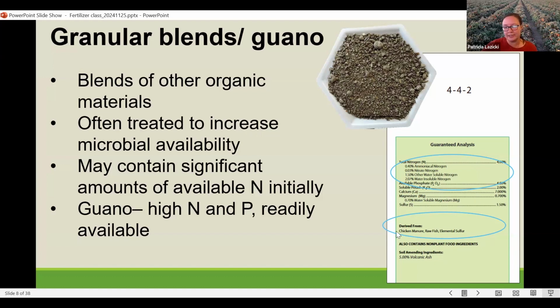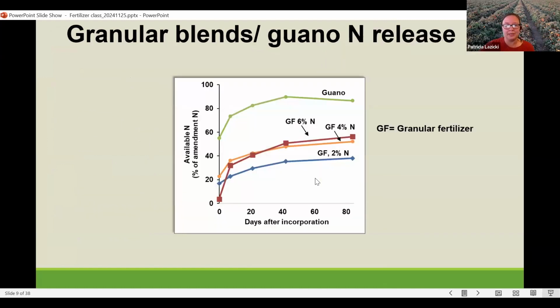And in most cases, they'll also list the feedstocks, and so you'll recognize them from other parts of the presentation. Guano, this is a product that is mined. It's kind of fossilized bat or seabird manure. These are very high in nitrogen and often high in phosphorus, and this is going to be very readily available.